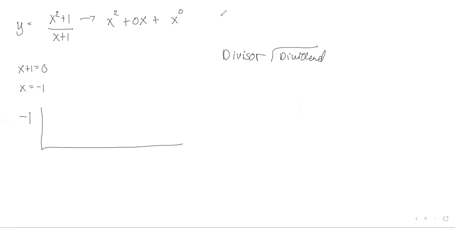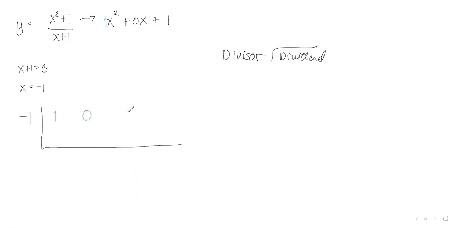And a number kapag na-raise mo to the 0th power, that's just equal to 1. Or simply, multiply mo lang sa coefficient niya, constant lang siya. So, plus 1. Okay, and then ang gagamitin lang natin dyan ay yung coefficients nila. Ba 1, 0, 1.